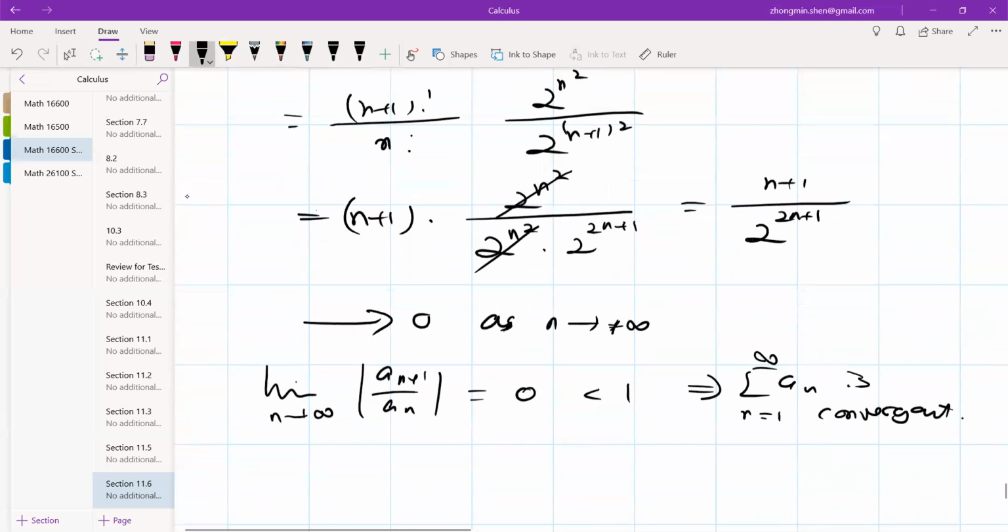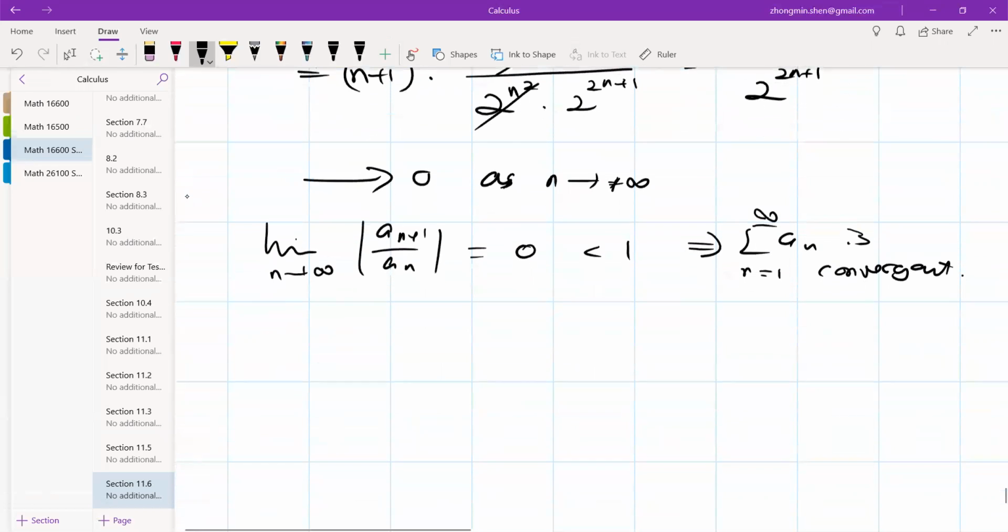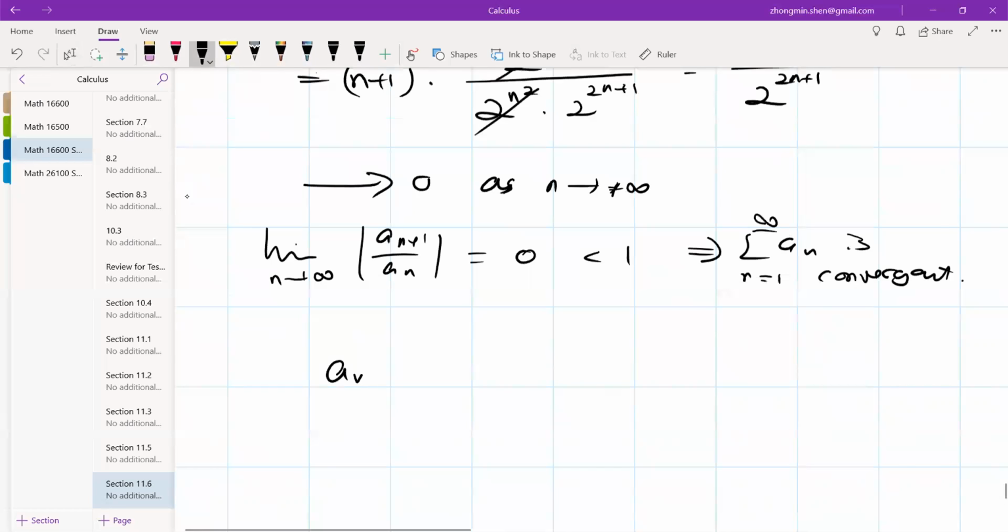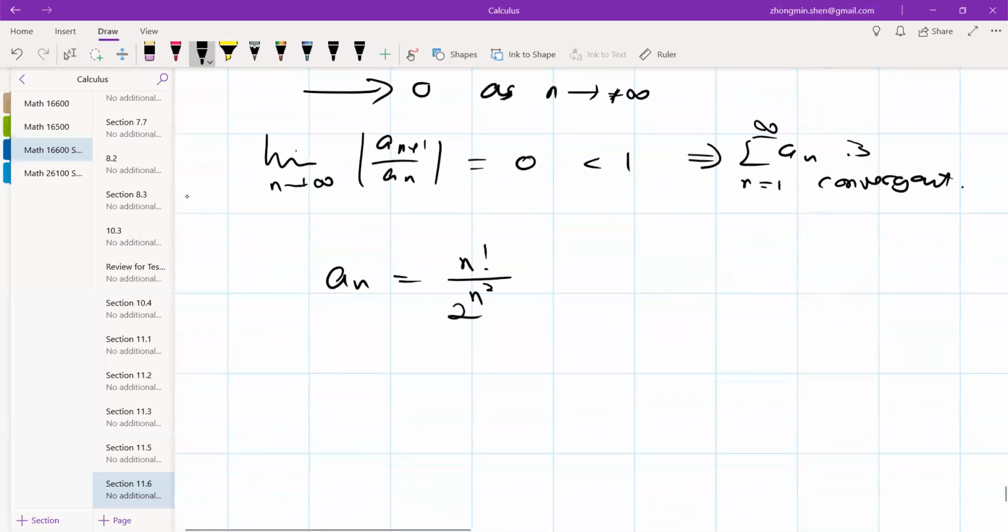Okay, done. But let's try to use the root test. Some problems you can use both. So let's recall a_n is n factorial over 2 to the n squared. No, it's not working because of the n factorial there. I said n factorial cannot use the root test.